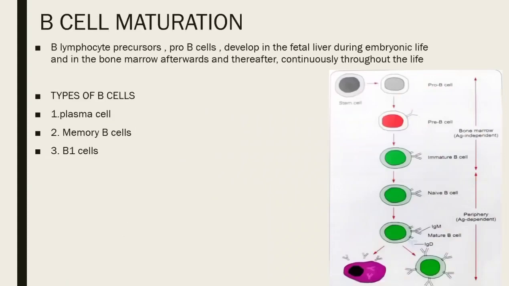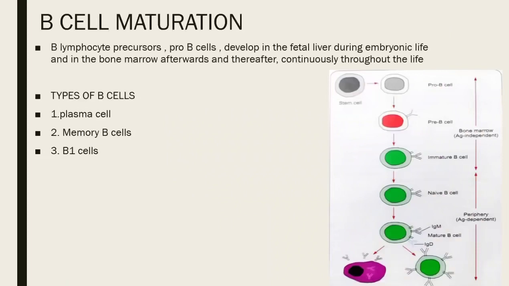Now B cell maturation. As we had discussed T cell maturation in the flow of a chart, similarly we will discuss B cell maturation in the flow of a chart.